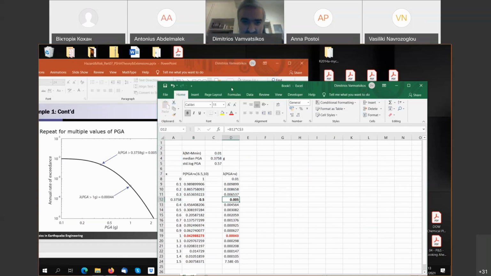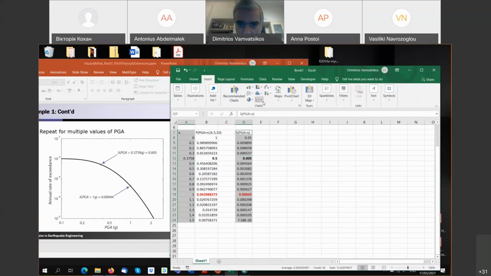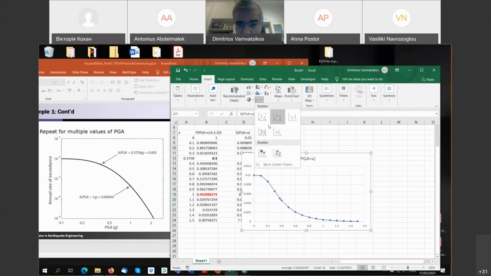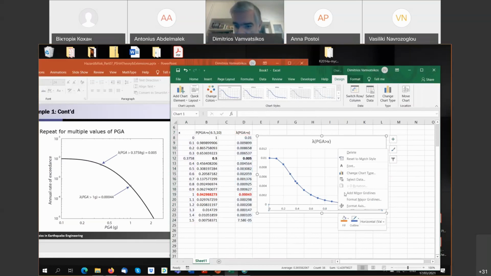We should expect that. And now, if I go ahead and create a graph of these two, where's your graph? Insert chart. We want one of those scatter graphs. Maybe this one. Here it is. Of course, it looks better if you put it in log, which is the typical case.